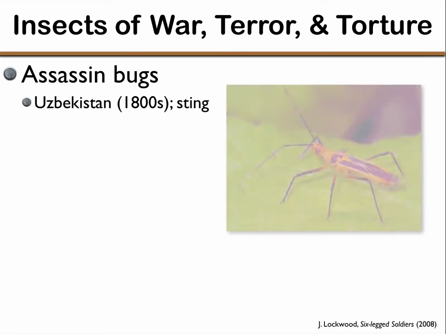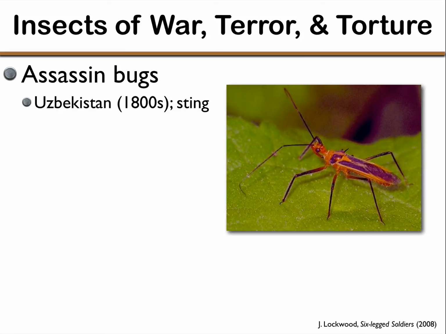There's also an interesting book called Six-Legged Soldiers that was published in 2008, and I haven't read that thoroughly, but in just browsing through it, I made note of how insects had been used at different times, different periods, in different wars. They were turned loose on the enemy to try to wreak havoc on the enemy. And so in the 1800s, there was a war that involved Uzbekistan. And so they released these assassin bugs on enemy soldiers because they have a rather nasty sting.